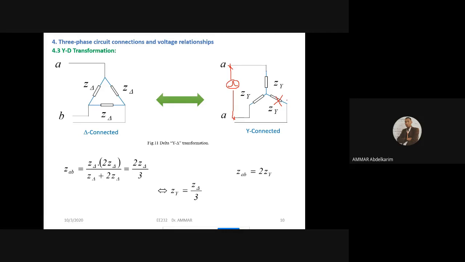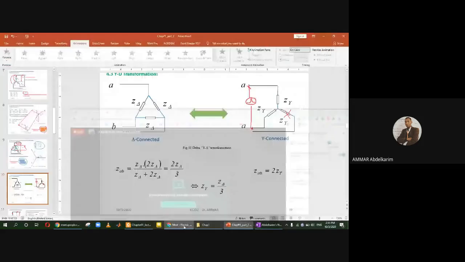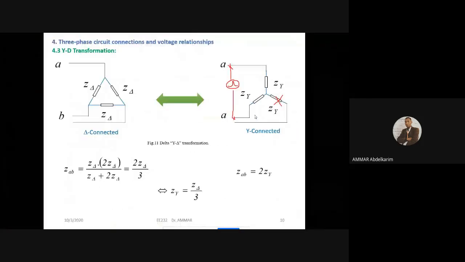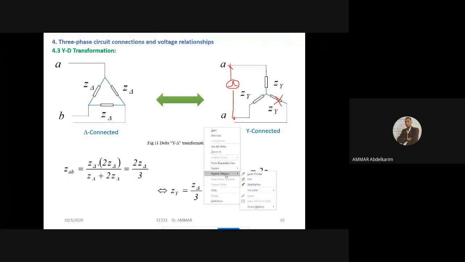This one is not connected. It will not be taken. But here, if we connect a multimeter, it will take this point and this point. So here, all of them are connected.